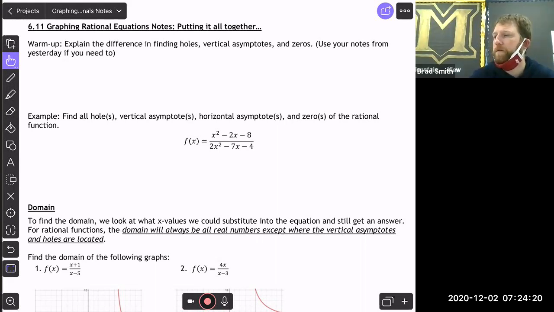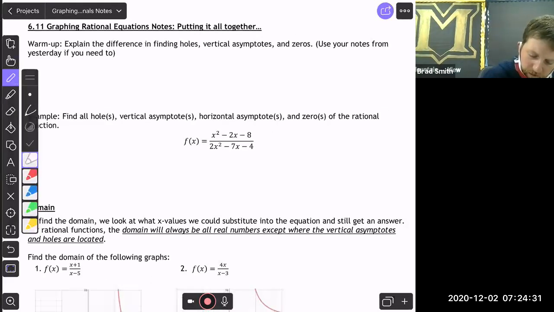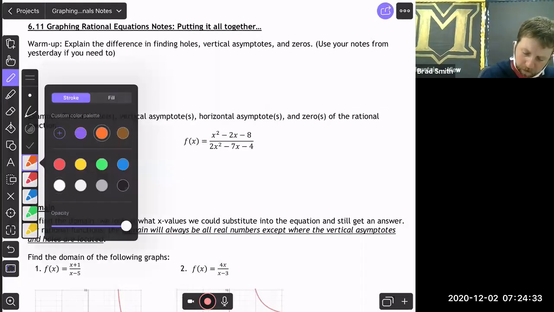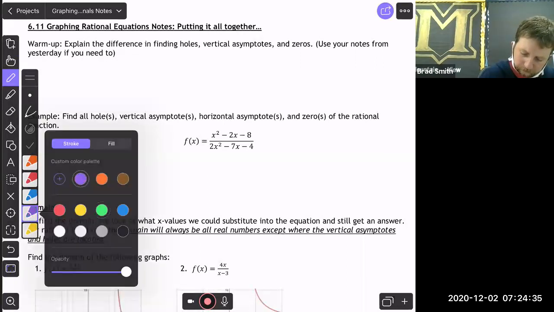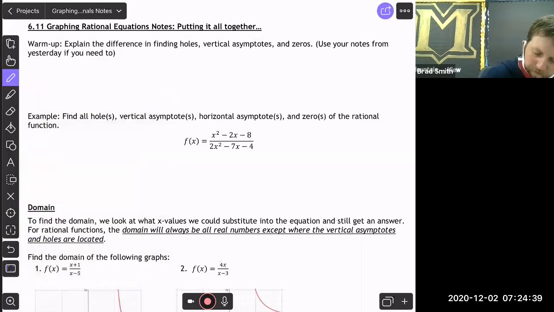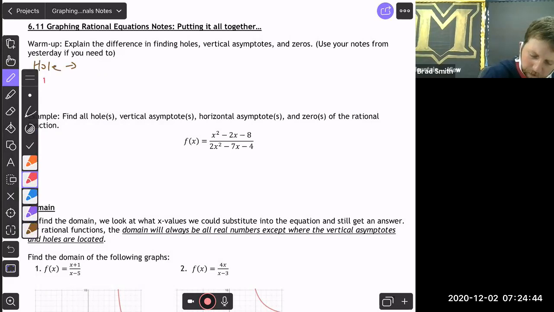So first thing, let's look at this warm up. What's the difference in the holes, the vertical asymptotes, and these zeros? If we're looking at all of these, we got a hole, we got a vertical asymptote, and we got a zero.